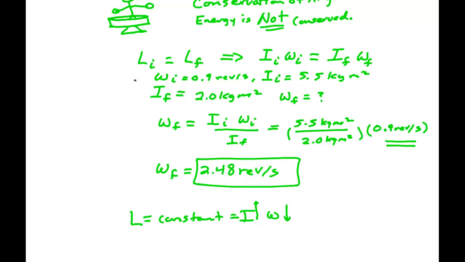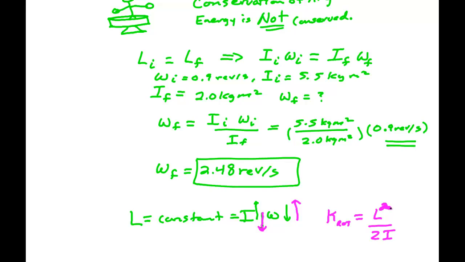And if I goes down, oops, let me change colors there. Meant to change colors. Sorry, I goes down, omega goes up. Now I said kinetic energy is not conserved, and that's because the kinetic energy is L squared over 2I. And this is a better form than 1/2 I omega squared.